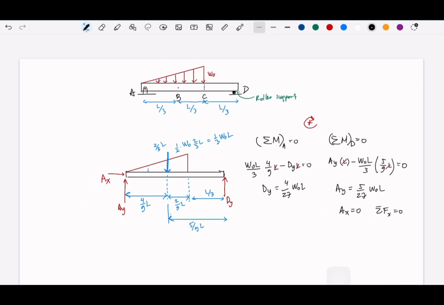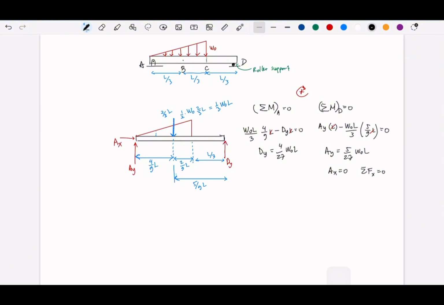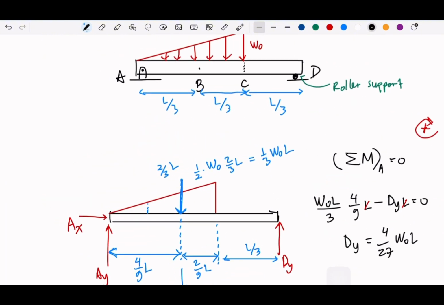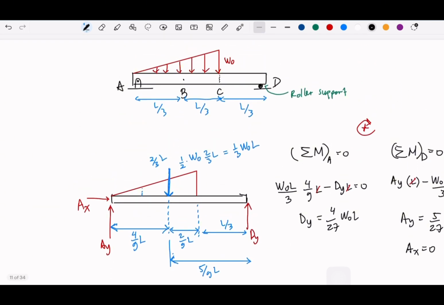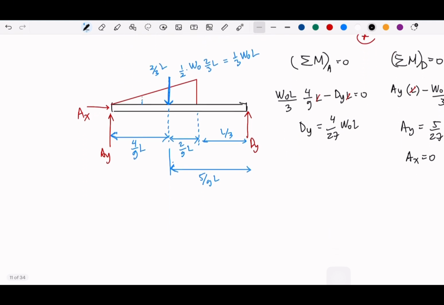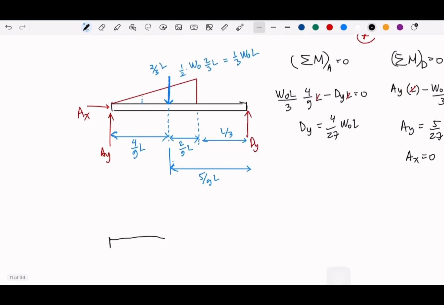And then at the cross section B, we need to take the internal reactions or internal forces. So B is at L over 3. Suppose that this is B, this is A, so we have AX, we have AY, and what we need to do is make another distributed force.